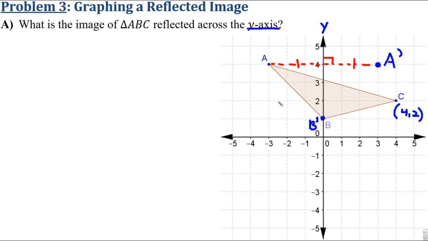Well, the y values are going to stay the same. The x values, however, are going to switch signs. So without doing any counting, I know based on the numbers here, C is going to go from 4, 2 to C prime at negative 4, 2. It's two different ways to think about that reflection, more visually, or we can think about it numerically.